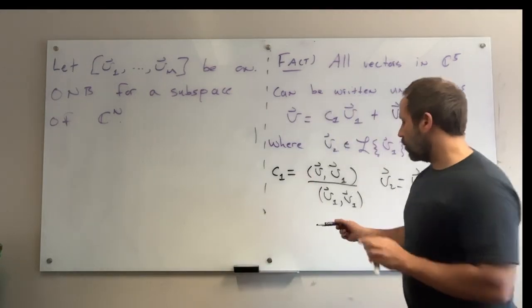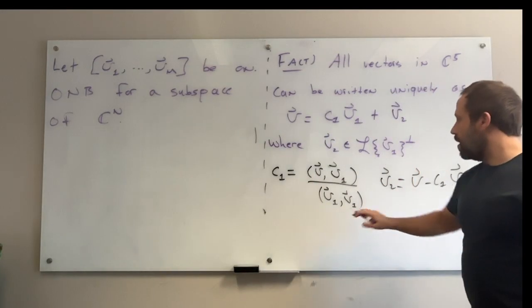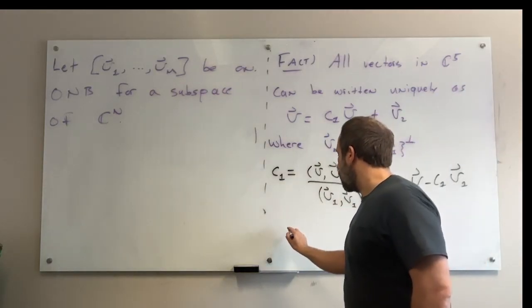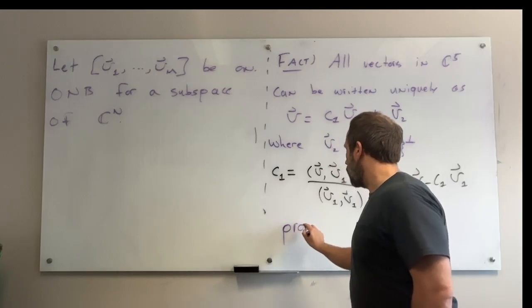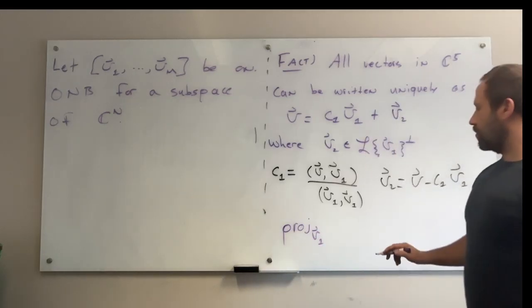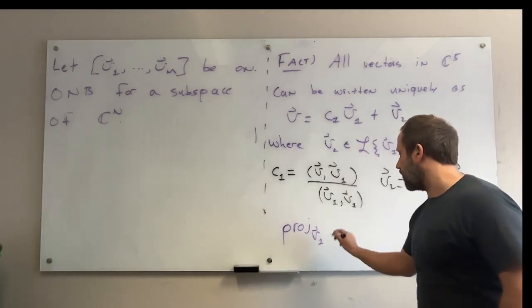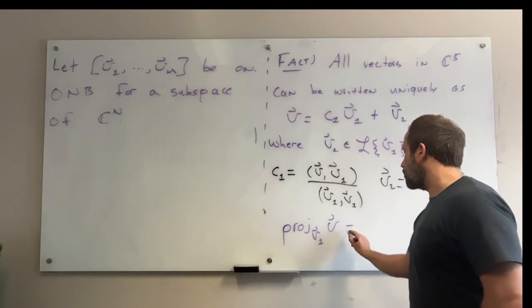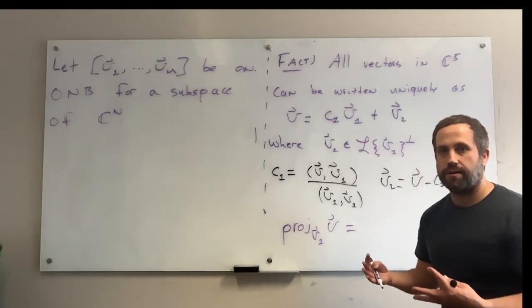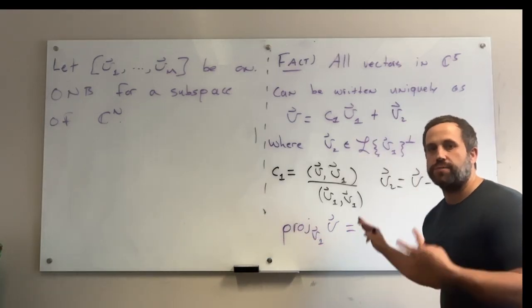Oh, and by the way, I should have mentioned this before. You've already seen this if you've taken linear algebra. What we've computed here is the projection onto the vector V1 of the vector V. This projection sub V1 is like an operator. It takes in a vector and spits something out.